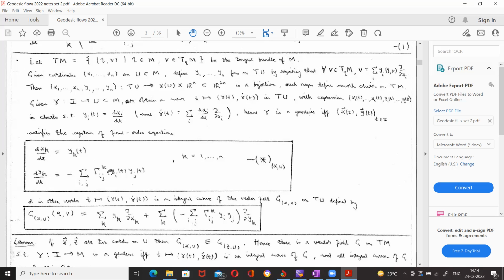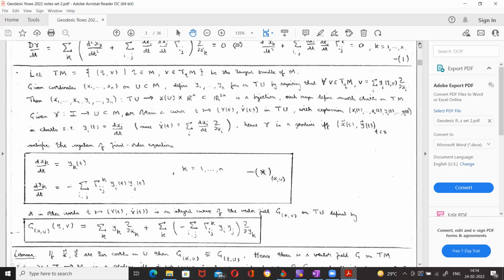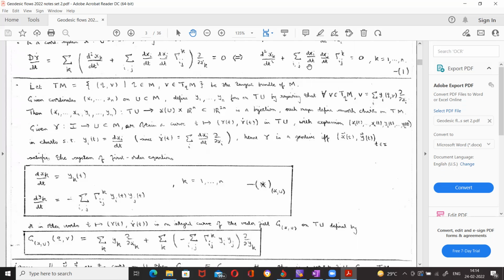So notice that if you look at the geodesic in M, then it satisfies a system of second order equations. But if you look at the lift in the tangent bundle, then those second order equations get transformed into a system of 2n first order equations.